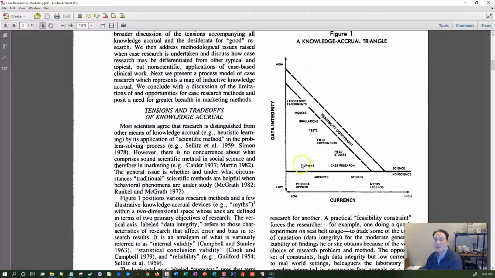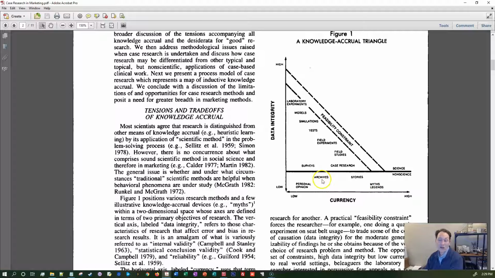And so in terms of our currency usefulness to us as individuals, we like things that are myths and legends. We like things that are stories. We like things that are archives or personal opinion, in different variety in terms of how much they help us to navigate the life that we're living. But those are all things that are non-scientific.